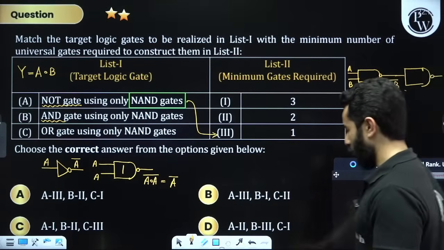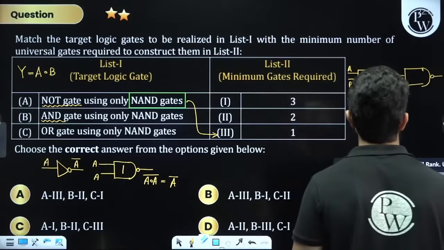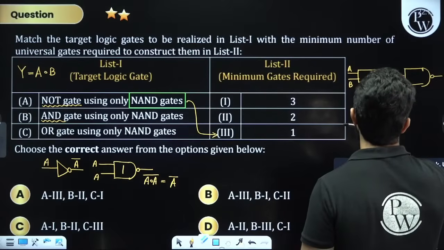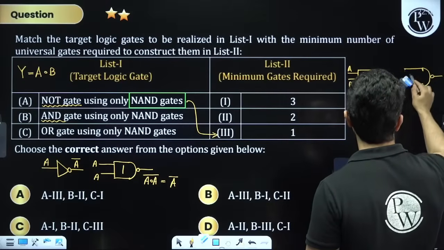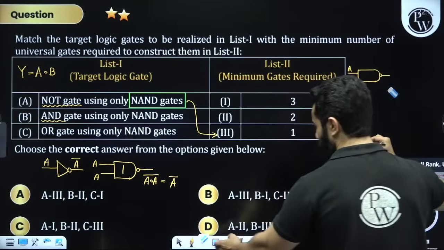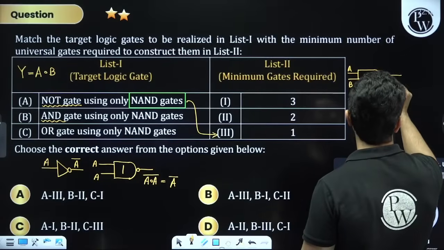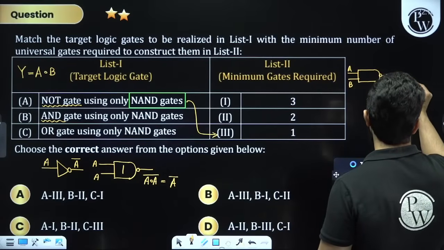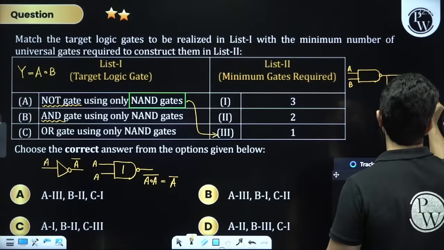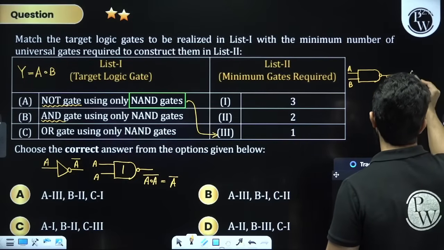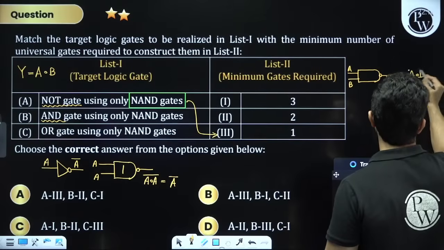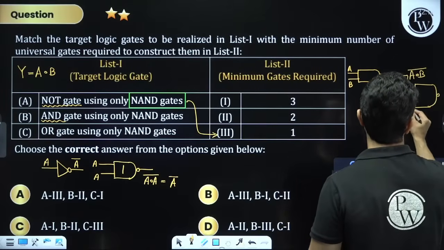No, this will not work. So let's do one thing. We are going to take two outputs from it and give them to the same NAND gate. So this will be (A dot B) bar and (A dot B) bar.